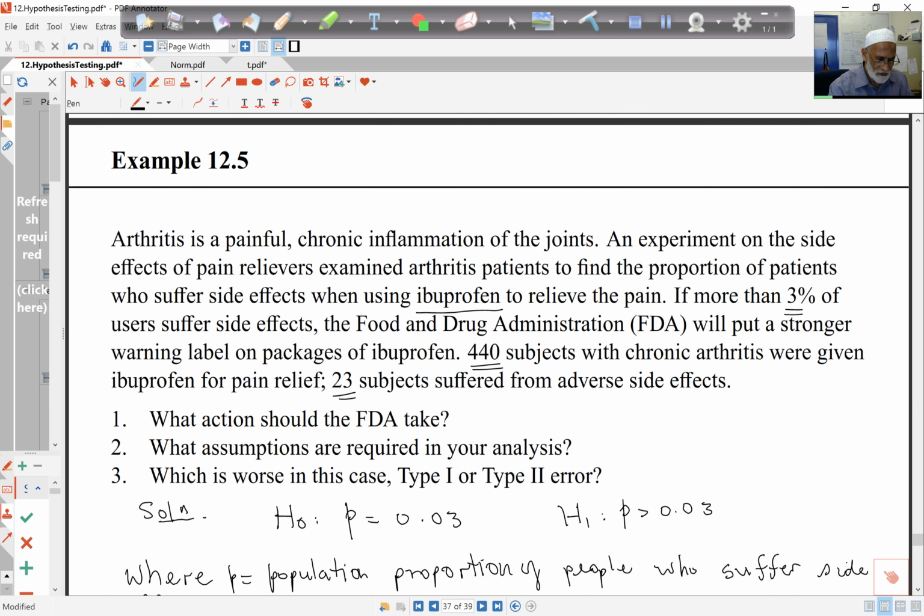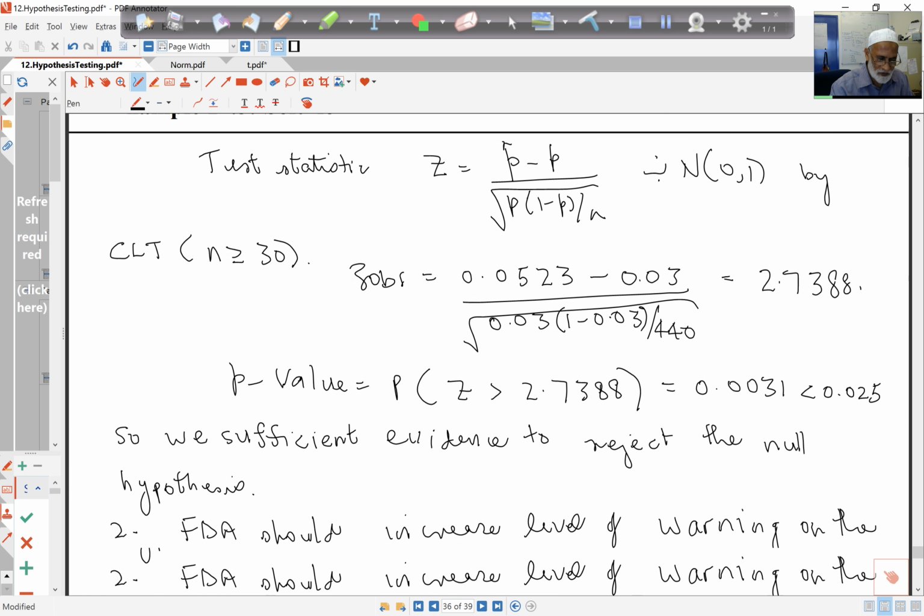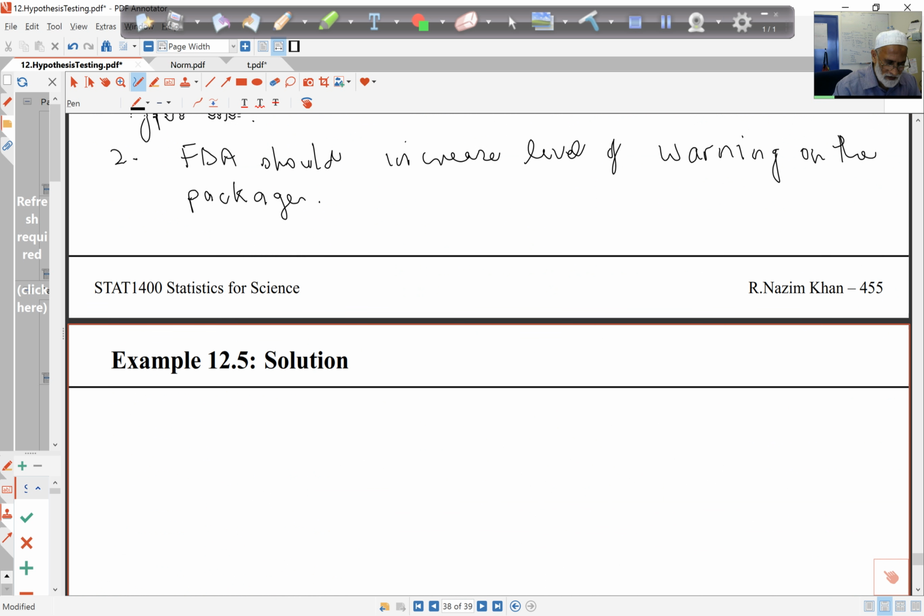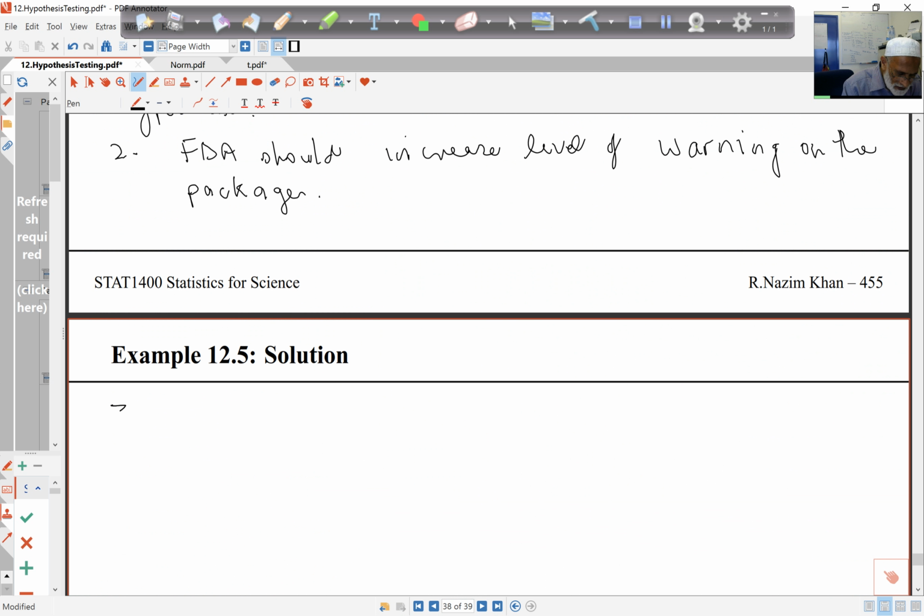And the last part here was about which is worse, type 1 or type 2 error here. Well, type 1 error is when we reject a true null hypothesis.